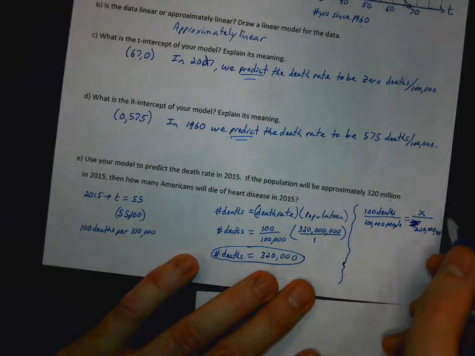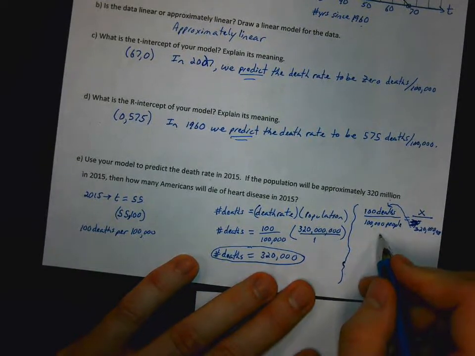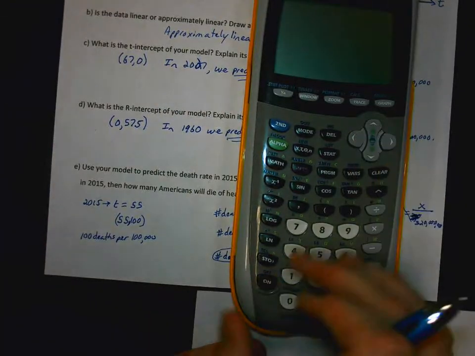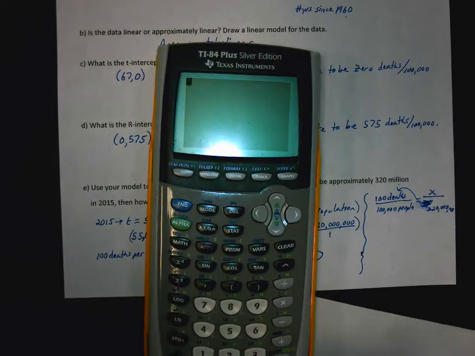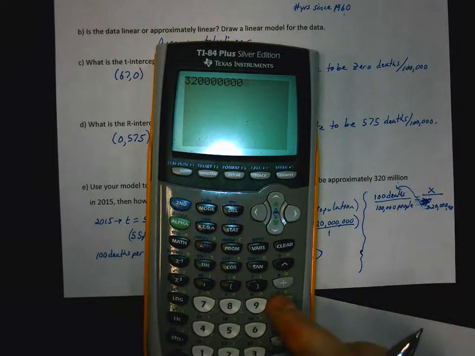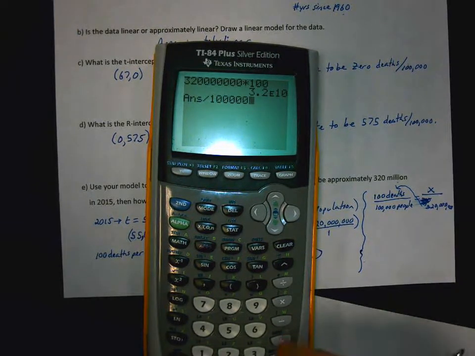So you cross multiply: 320 million times 100 and then divide by 100,000. It gives you 320,000.